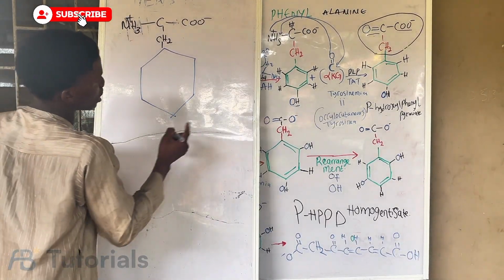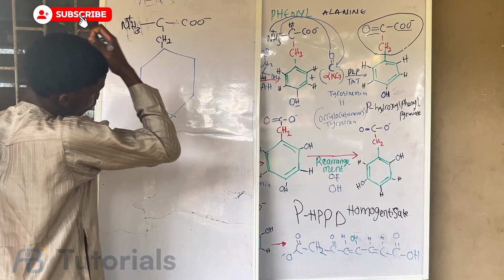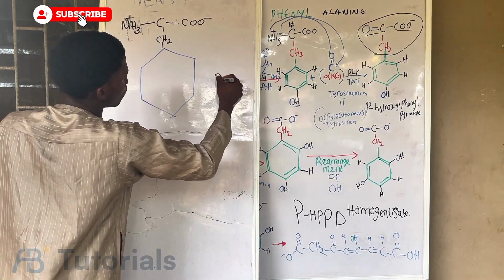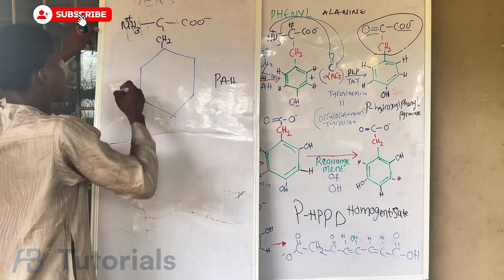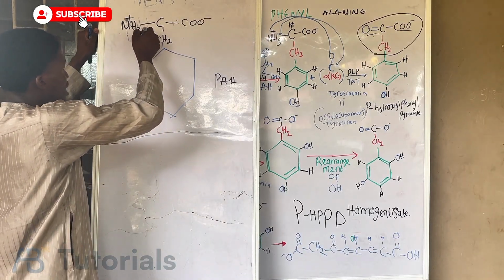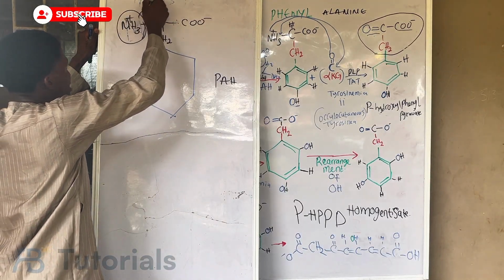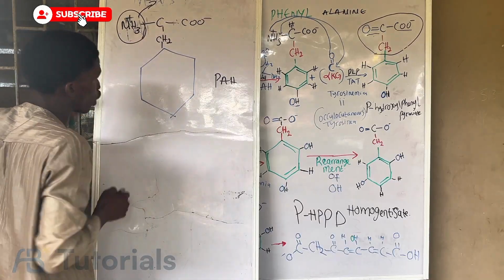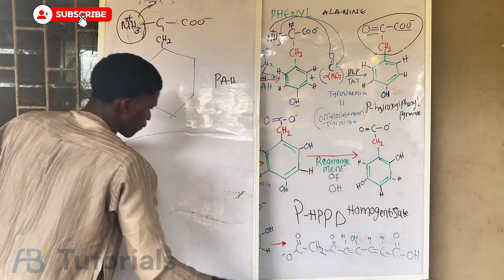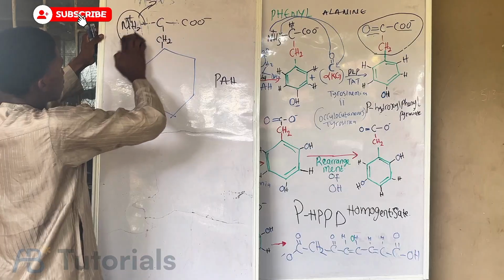So in the absence of PAH, phenylalanine hydroxylase, this guy is going to undergo a reaction known as transamination. That is transfer of this ammonia part. So the ammonia will be transferred out, and it will be replaced with oxygen from the alpha ketoglutarate. I hope that is clear.